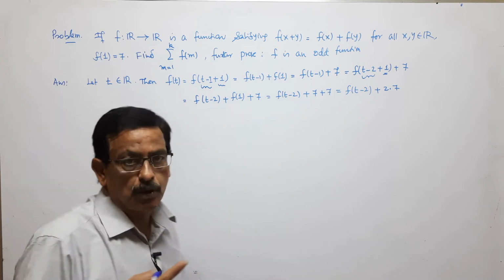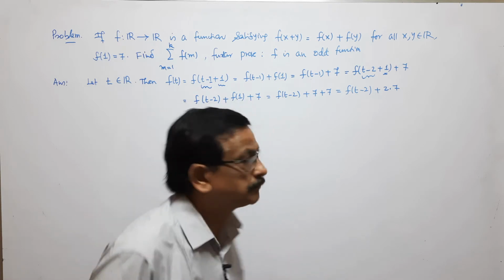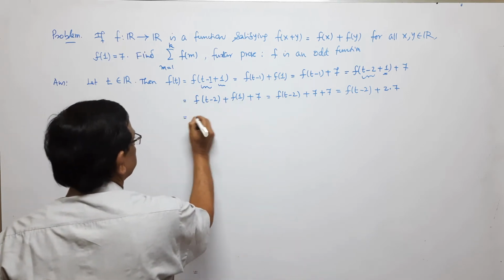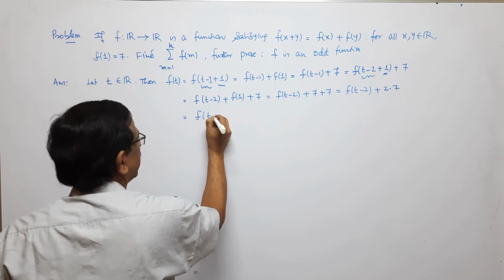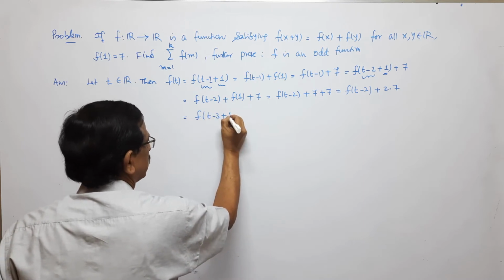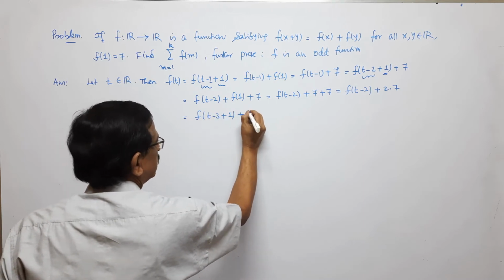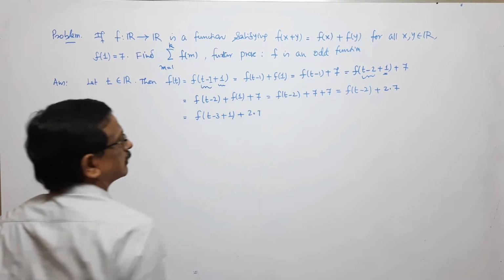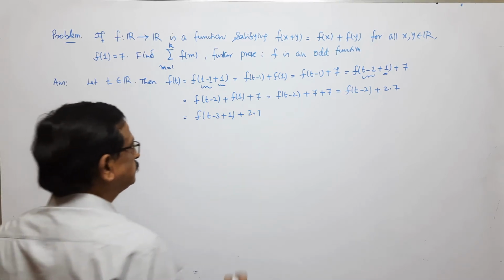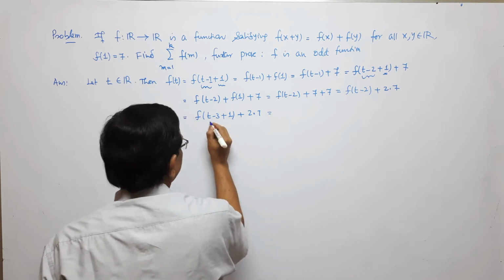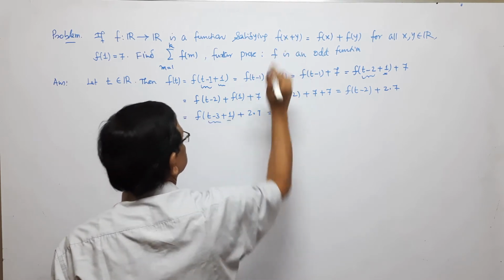Let us go a step further. Let me write down f of t minus 2 as f of t minus 3 plus 1, plus 2 times 7. Again let us apply this rule.